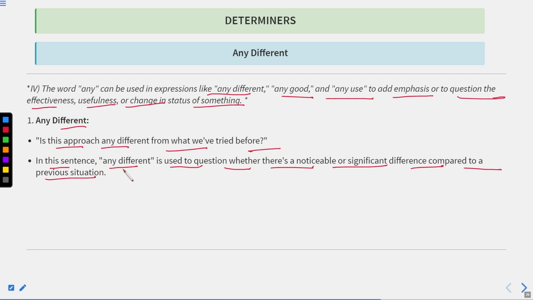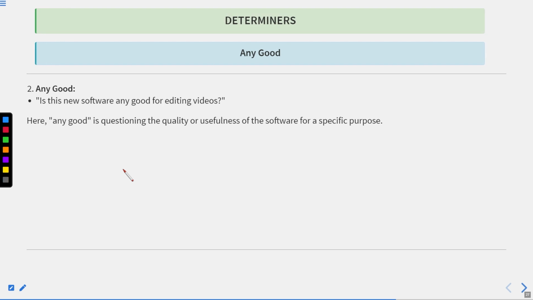Any good: is this new software any good for editing videos? Any good means does it have any good quality? Here any good is questioning the quality or usefulness of the software for a specific purpose.